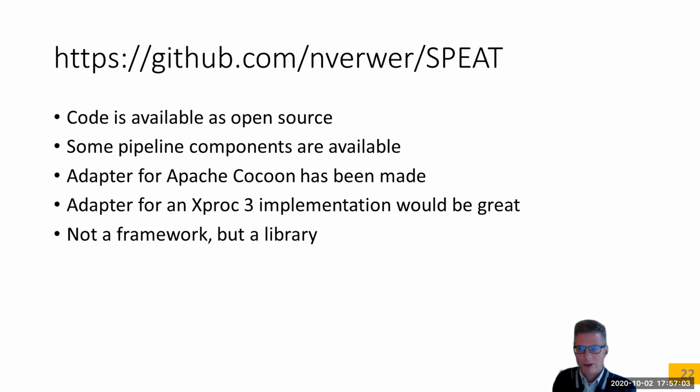SPEAT and SMAX are a Java library which can be used from within another framework like Apache Cocoon or XProc 3 or anything else that you like to use it within. And I intend to keep it that way because there are already lots of frameworks for XML processing, and this is meant to be an addition if you need to process just the text of a document without looking at the markup structure.